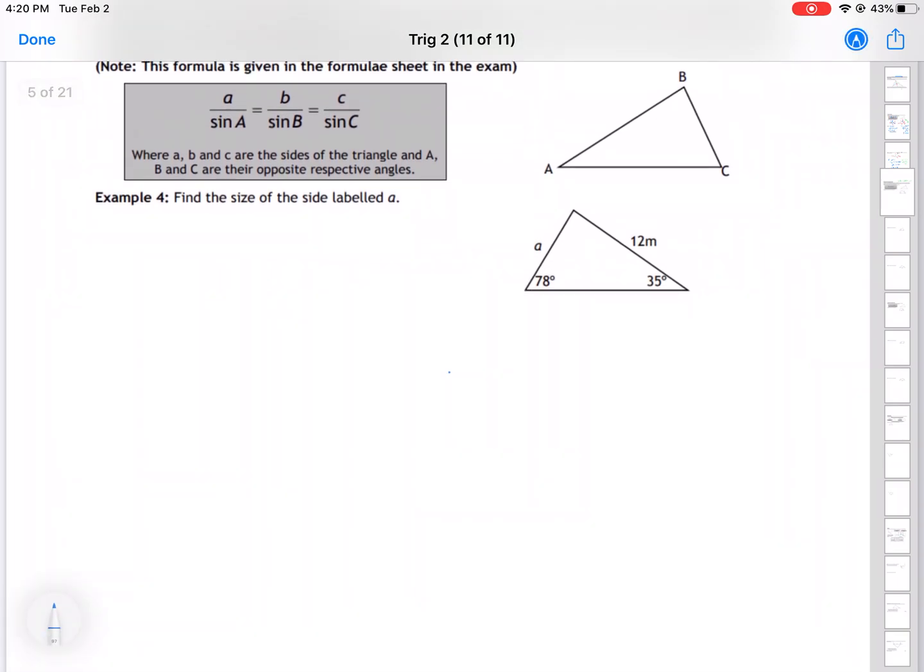So we've got A over sine A equals B over sine B equals C over sine C. Now you may remember back to when we did arcs and sectors, we had a 3-part formula and we chose which 2 parts to use. Well, this is the same as we have to do this time as well. First thing I'm going to do is label the triangle.